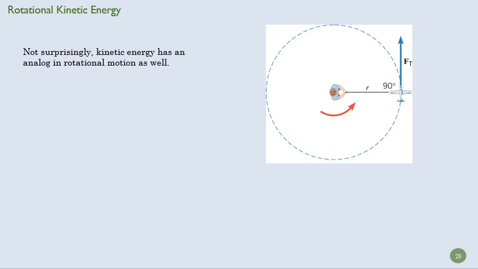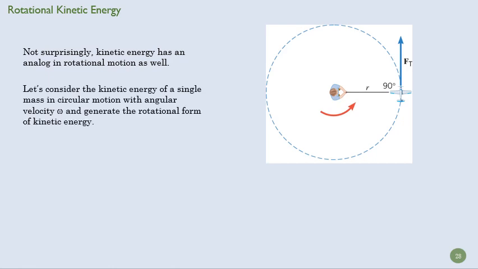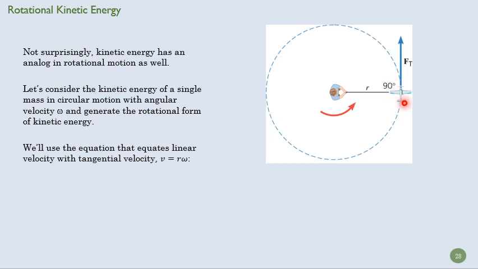So what does that energy look like? How do we measure that energy in a rotational motion? If we think about our little boy flying his airplane over here, we can think about the energy contained in this plane.